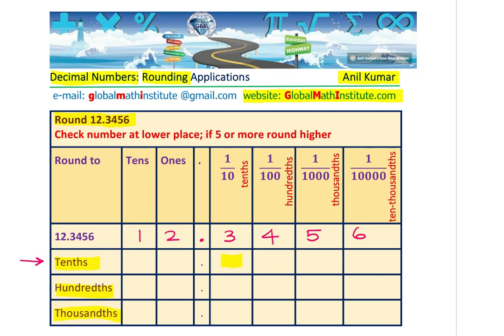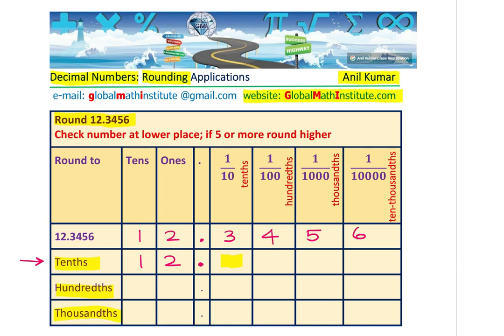Rounding to the nearest tenths means look at the number. Before the tenths place, before 3, the numbers will remain the same. So we can write that as 12 point. Now the question is, what happens to the number in the tenths place? Will it remain the same or will it be increased by 1? There is always one question. So for that, you check the number to the right side of this.